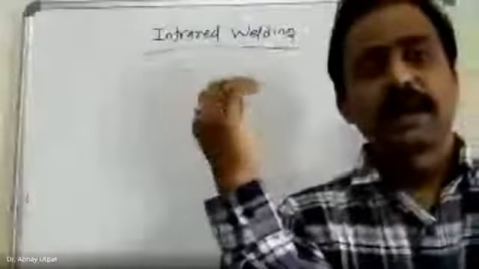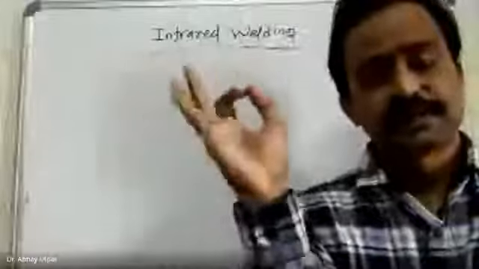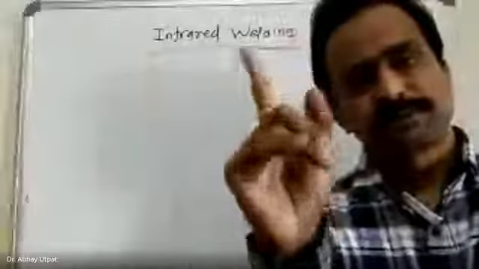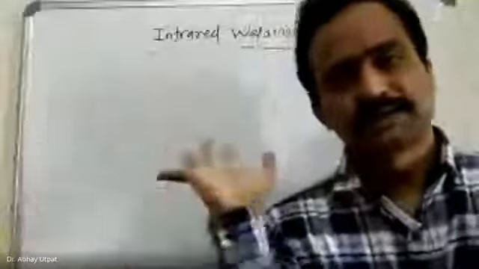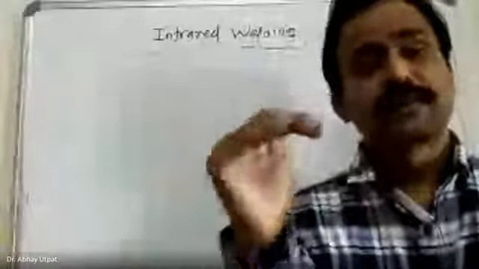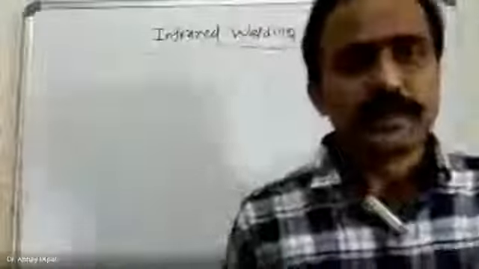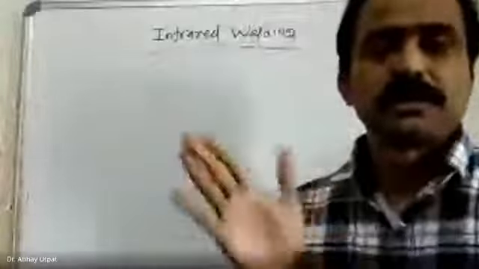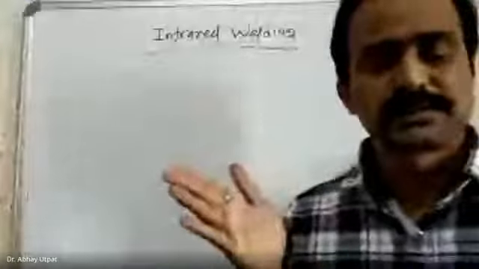I repeat my earlier statement: any welding process, maybe infrared, high frequency induction, hot tool, or hot gas, only the method of providing heat changes. Our ultimate aim is to make the mating surface plasticized, and then apply the pressure. Depending on how we plasticize it, the types of welding vary.